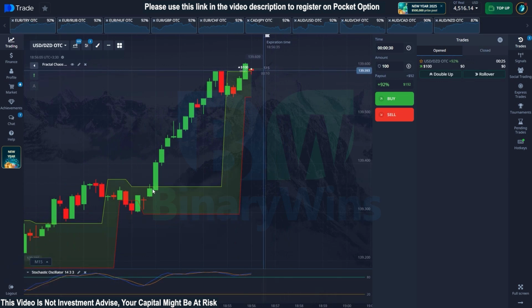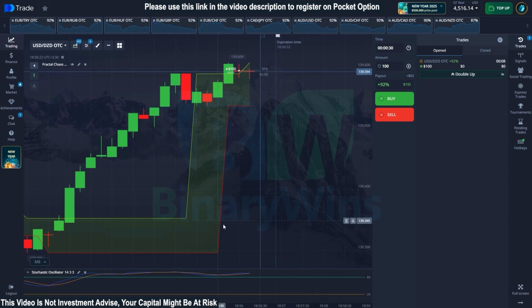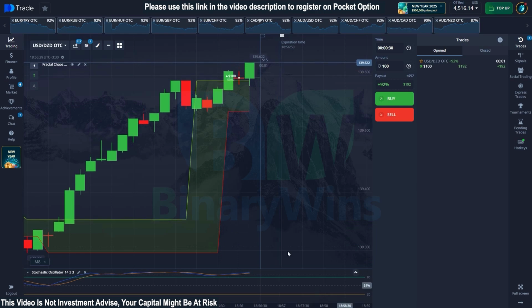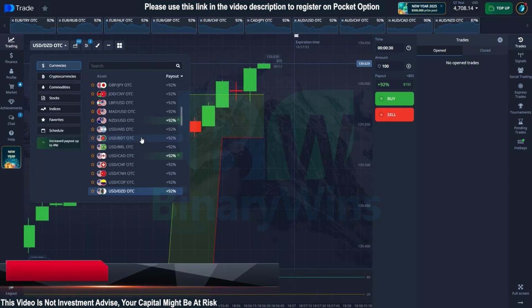If you look, the trend is an uptrend. The main lines of the indicator have crossed the overbought line, so I entered two higher trades.